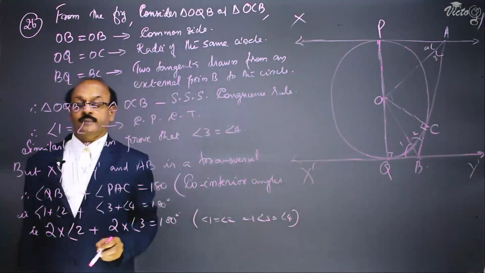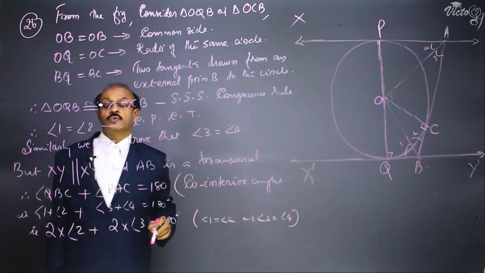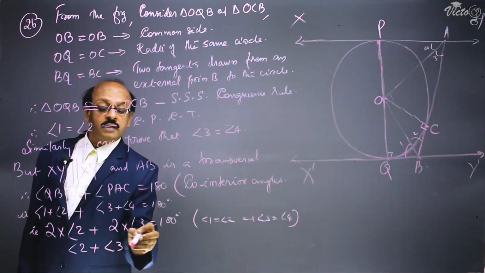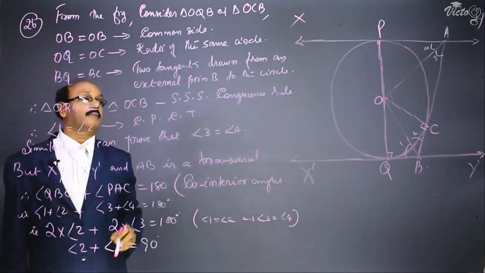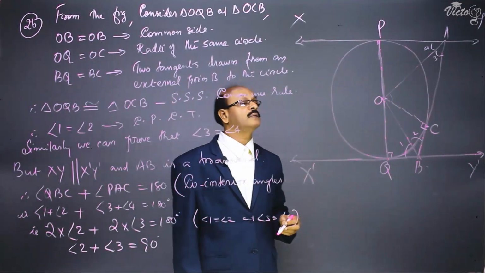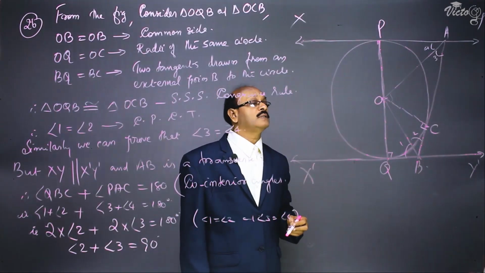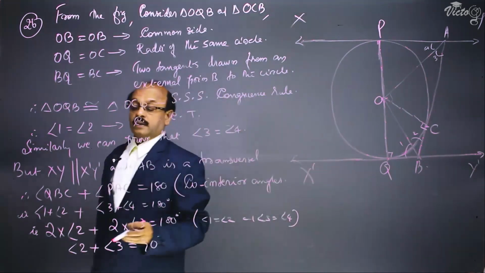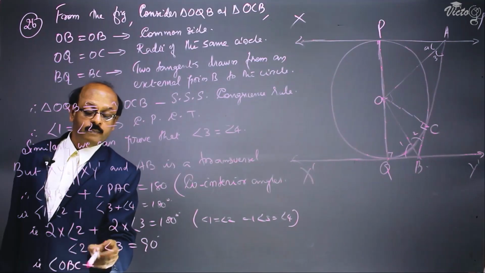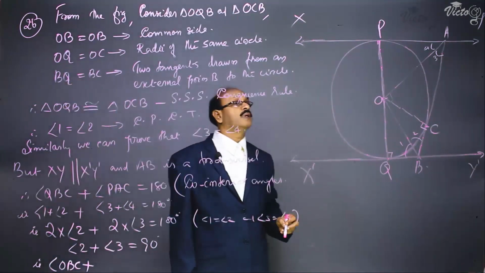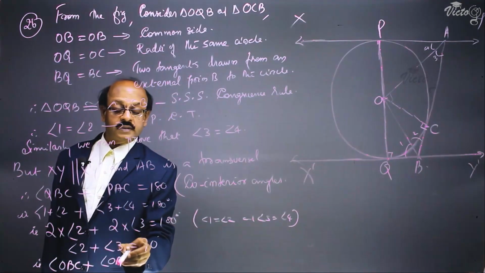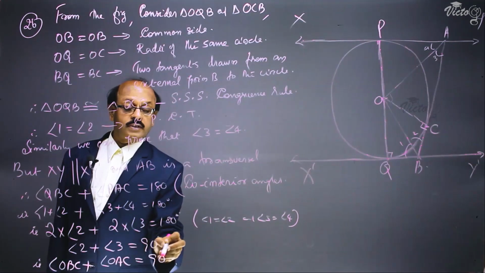Dividing throughout by 2, we get angle 2 plus angle 3 is equal to 90 degrees. That means angle OBC plus angle OAC is equal to 90 degrees.